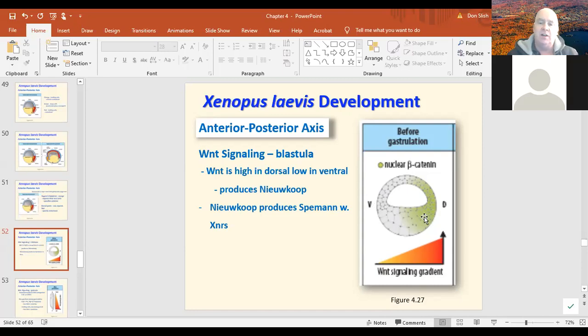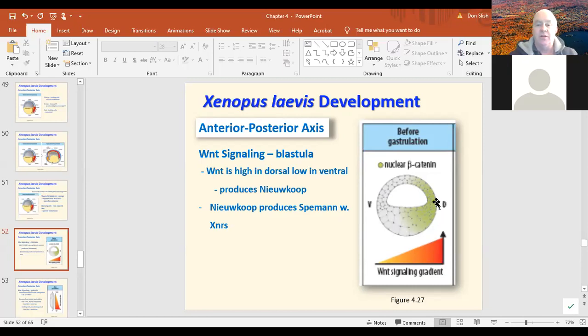And because you've got high beta-catenin here, along with VegT, you get production of the Nodal, which is produced by the transcription factor. Then that increases the, I'm just reviewing for you as I go through this, just so you know, you've heard it several times.